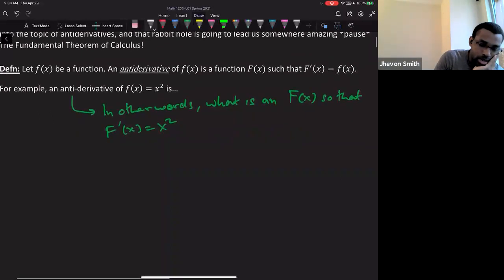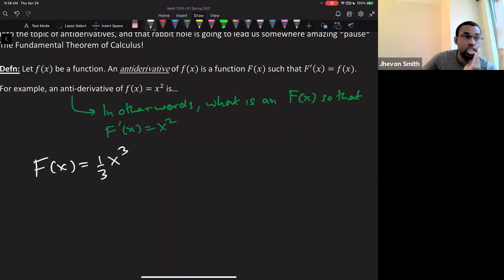You can think about it. You'll notice that f of x equals, by what I just said, a third x cubed is something that would work.